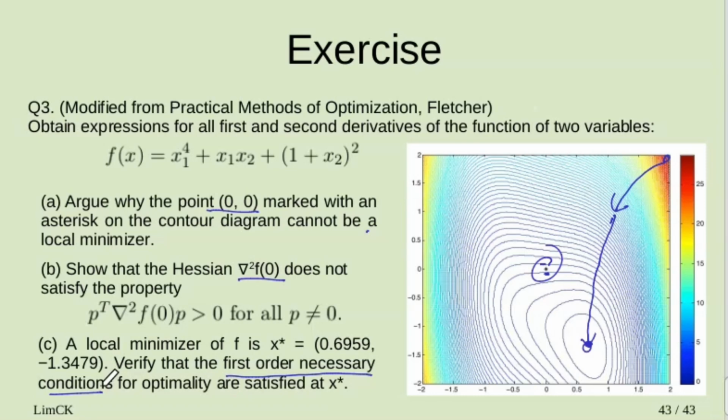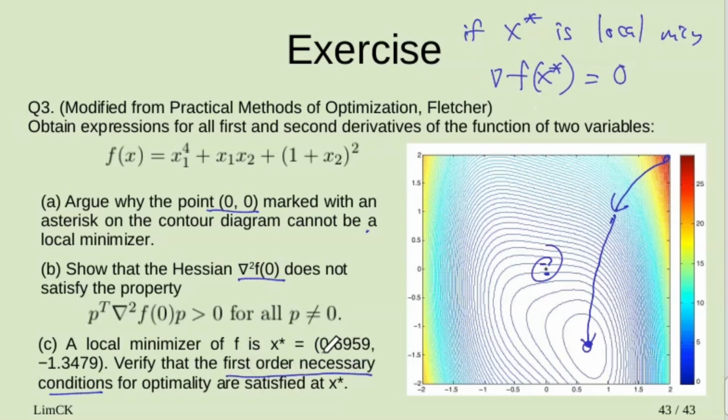It says that if s asterisk is a local minimizer, the gradient of f at s asterisk is 0. This is the so-called first order necessary condition.